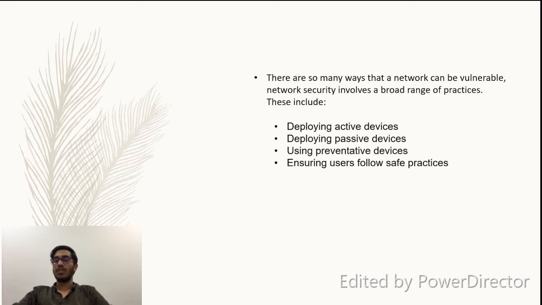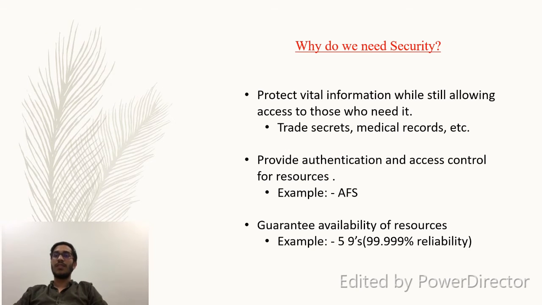Ensuring users follow safe practices means that even if the software and hardware are set up to be secure, the actions of users can create security holes. Network security staff is responsible for educating members of the organization about how they can stay safe from potential threats.